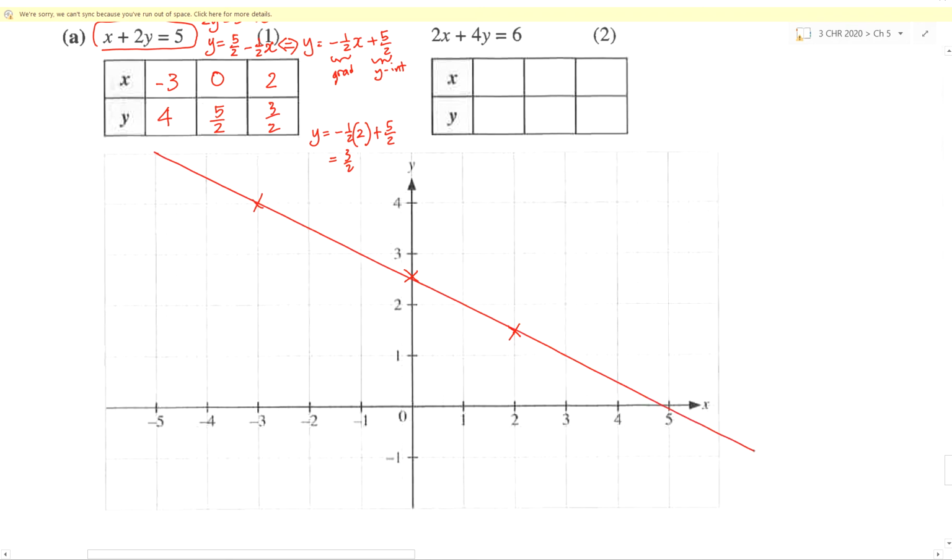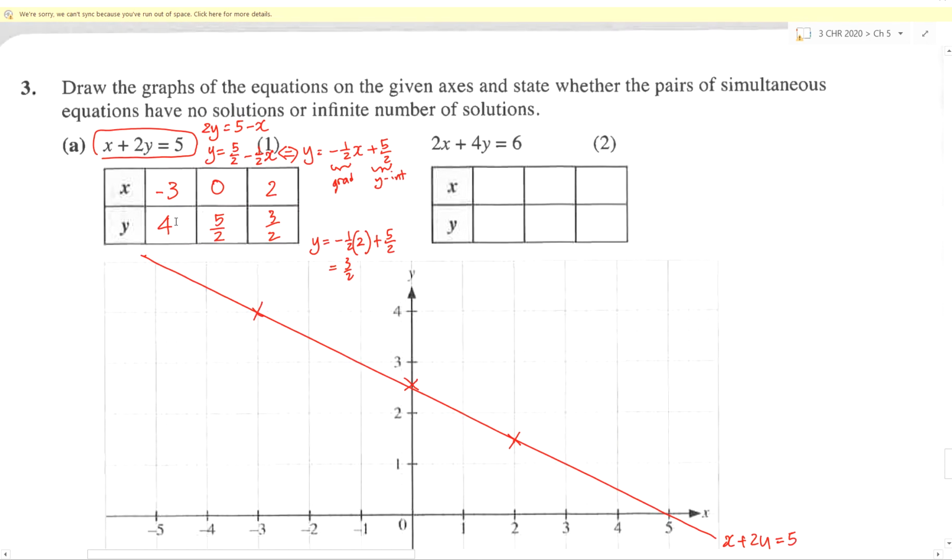Label your graph according to the equation given, x plus 2y equals 5. Now let us move on to the next equation.